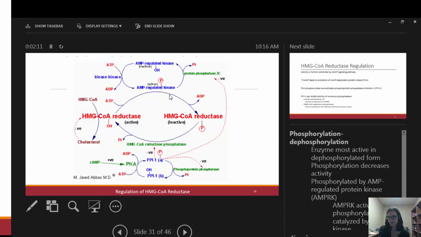The AMP-regulated kinase is active in its phosphorylated form, inactive in its dephosphorylated form, and this activity is regulated by the enzyme kinase. So adding a kinase means adding a phosphate on to the group that will add a phosphate on to the HMG-CoA reductase. That's why it's called kinase.